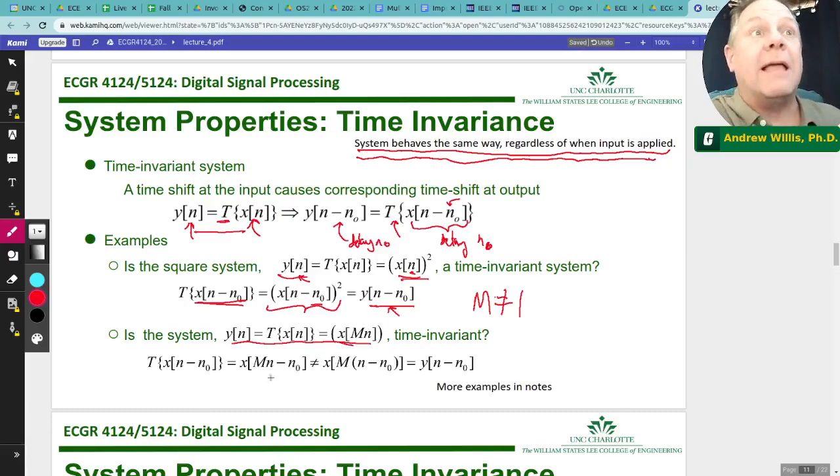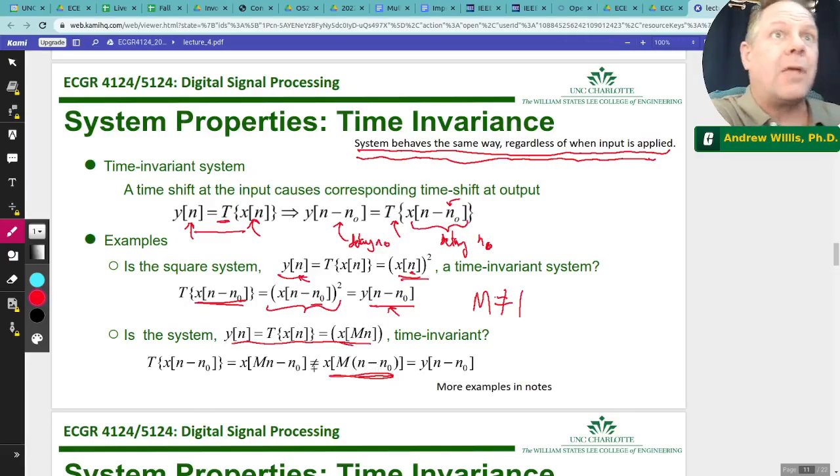Now when we delay a signal, we have x of m times the quantity n minus n naught. And so this actually has m multiplying both n and n naught. That means we're having a compression on both.